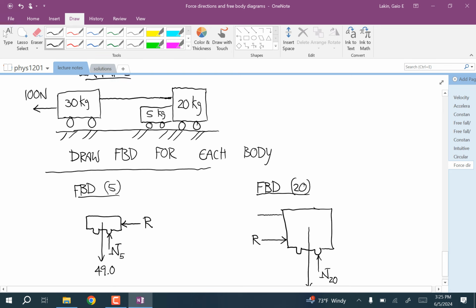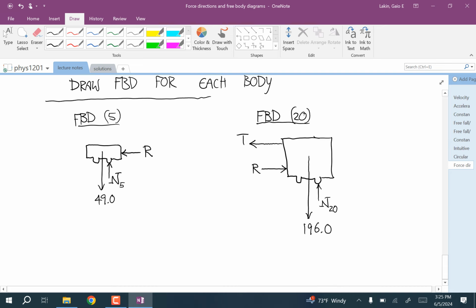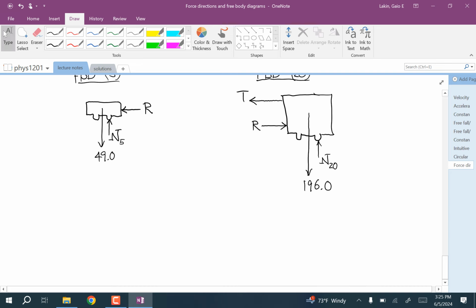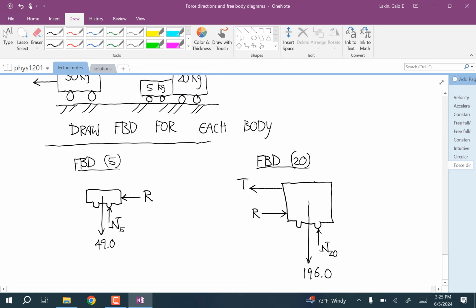That's parallel to the cable, away from the body, and I'm going to call that T. Notice up until now that 100 Newton force hasn't showed up in anything because it wasn't acting on either of these 2 bodies, but it is going to show up in this free body diagram of the 30 kilogram.